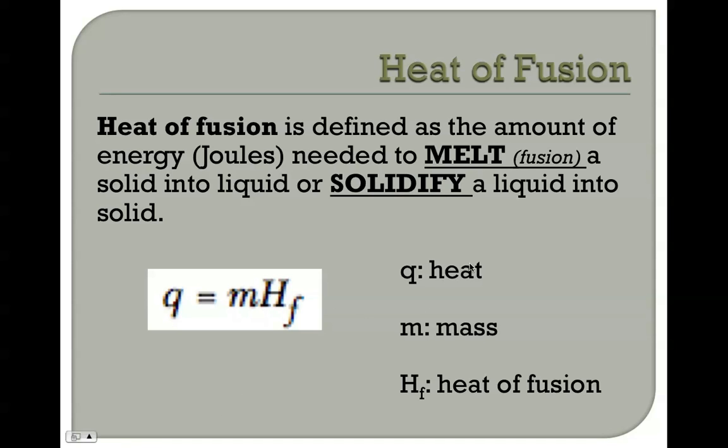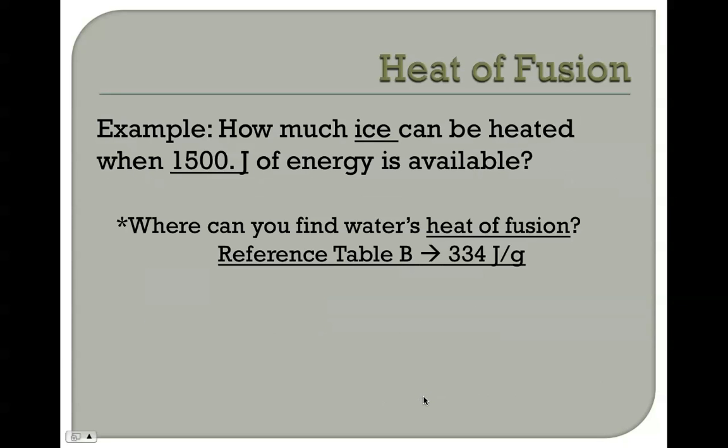Very similar: Q is heat, m is mass. Our new one is Hf, which is heat of fusion. So how much ice can be heated when 1500 joules of energy is available? Well, we can look up our heat of fusion for water. This is probably the trickiest thing for students. They forget that when water or ice is mentioned, they have to look up the heat of fusion value, which is 334 joules per gram.